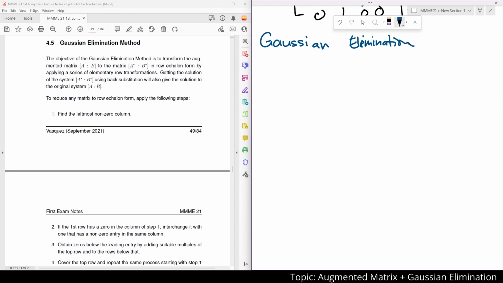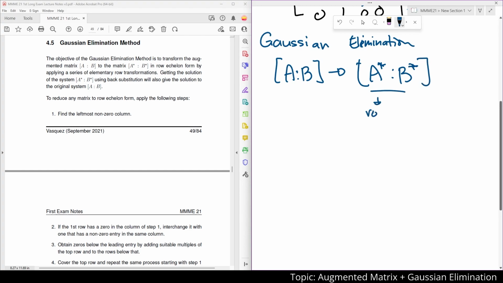The Gaussian elimination method natin, ang gusto natin magawa is yung augmented matrix natin na AB, we want to transform it into augmented matrix A star, B star, in which this augmented matrix is in row echelon form. Para ma-transform siya into row echelon form, we apply elementary row operations / transformations.